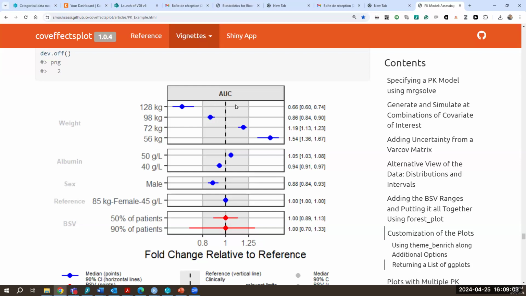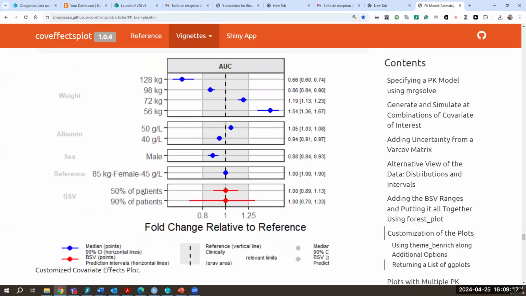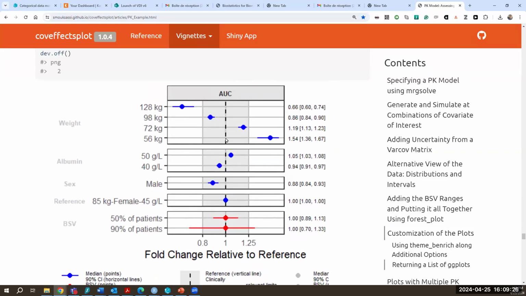So I really need to take it into account because it is generating exposure anywhere between half less to 50% more. So that's how I typically illustrate BSV in terms of impact and meaning on AUC or Cmax.